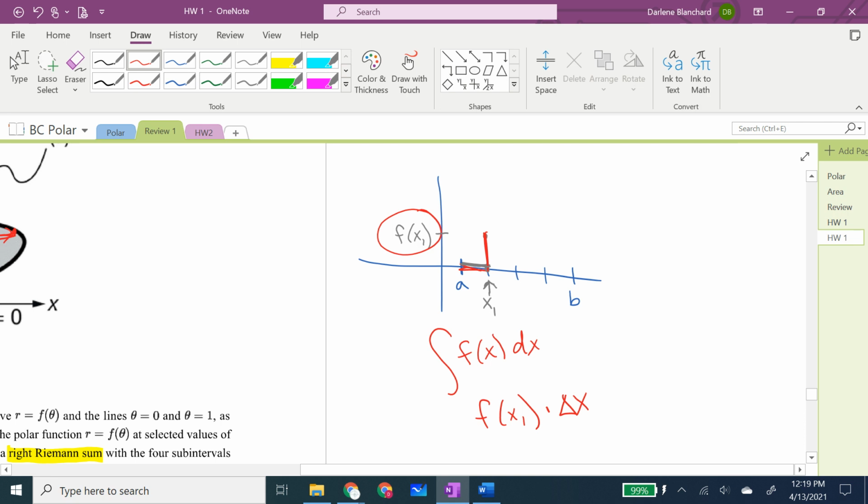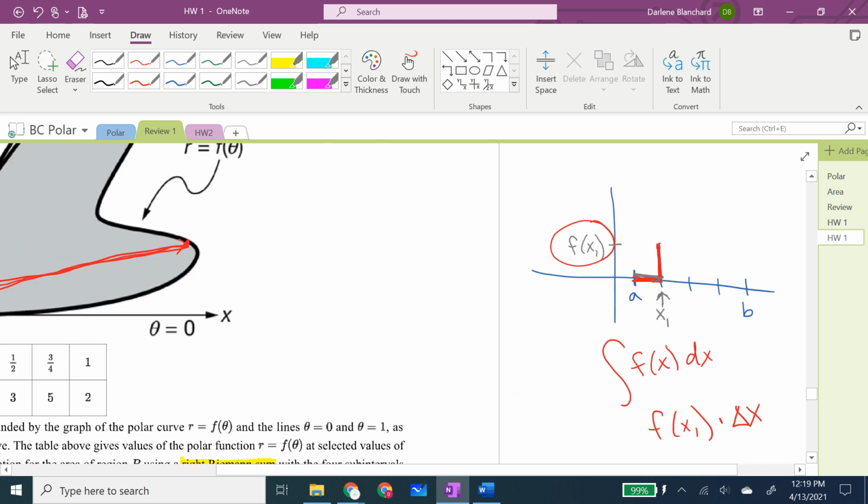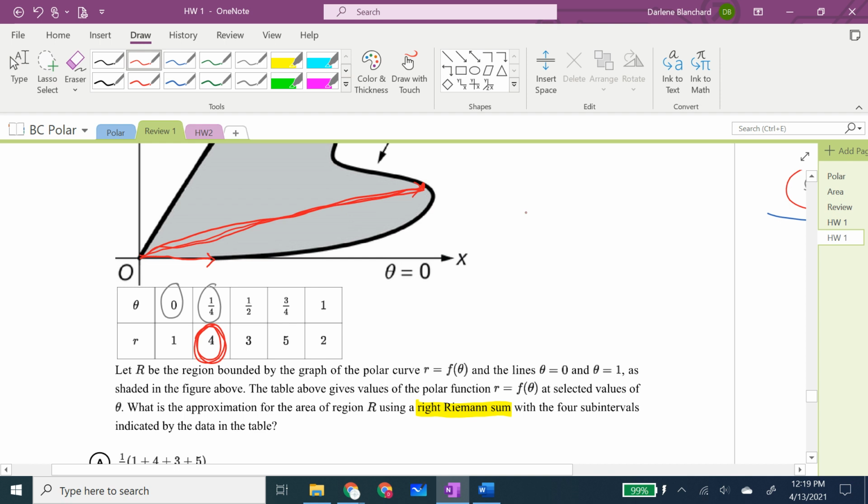But now the area formula isn't just height times width. The area formula is 1/2 r squared d theta. So delta theta.